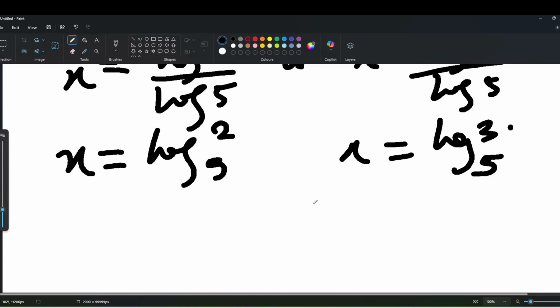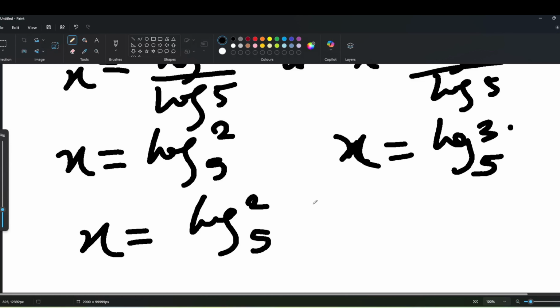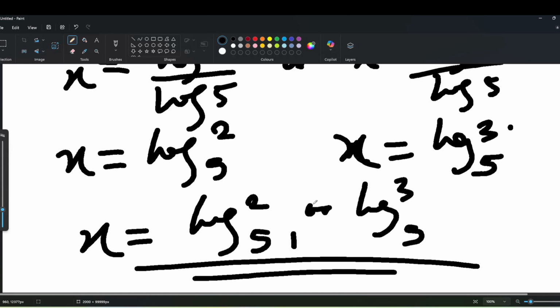Okay, so these are the two values of x. So the two values of x are log 2 to base 5 or log 3 to base 5. Okay, that's it.